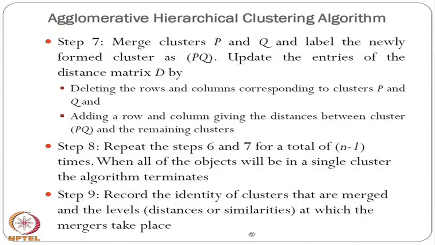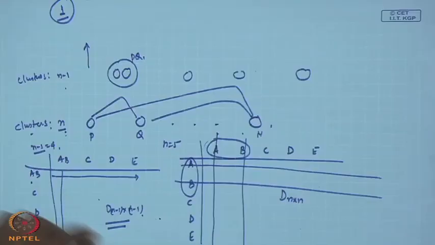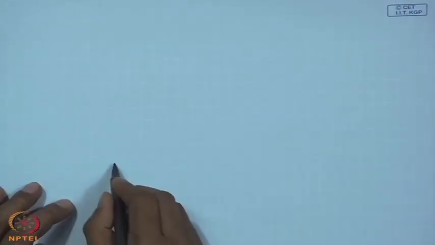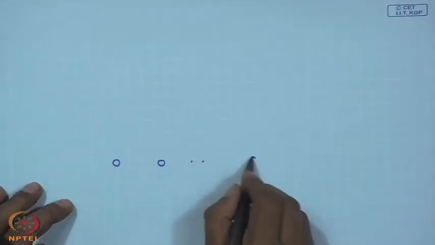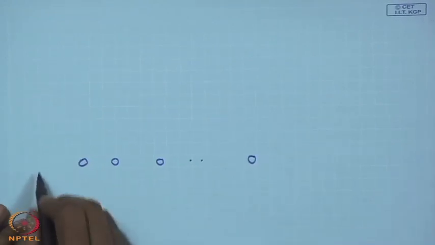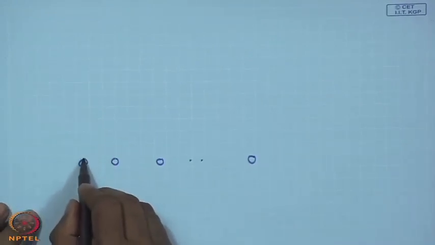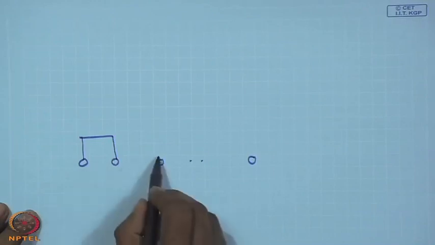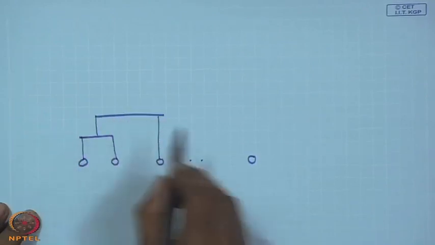The final step is to record the identity of the clusters that are merged, and the levels at which the merger takes place. From the n levels, ultimately, suppose first you merge these two, then you merge this one.